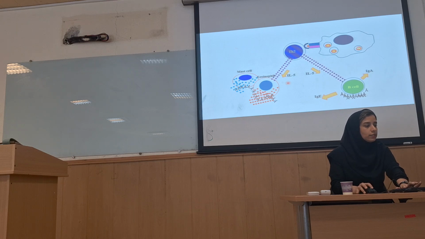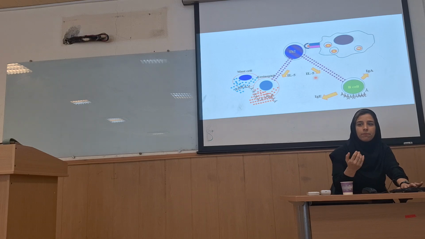And also interleukin-5, like interleukin-4 and aligned with interleukin-4, affects lymphocyte B cells and stimulates these cells to produce IgA. And IgA, I told you, is very, very important for defense against some pathogens that enter the respiratory tract in our body.